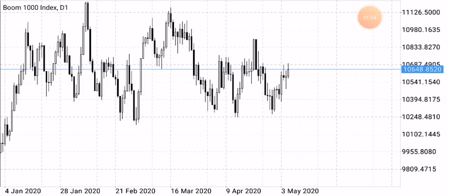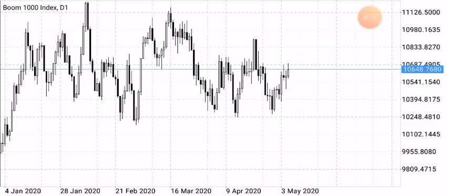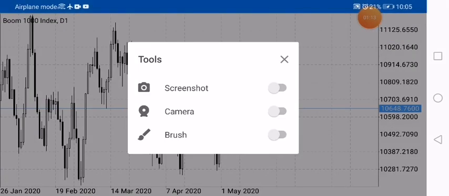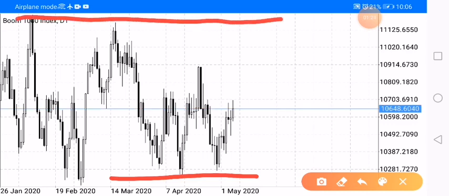So what I do for analysis is that I open this chart. For example, this is Boom 1000 on the daily. Let me get some brush. So I draw my support. I don't know why I'm using this, because there's a tool for that, let me use that instead.